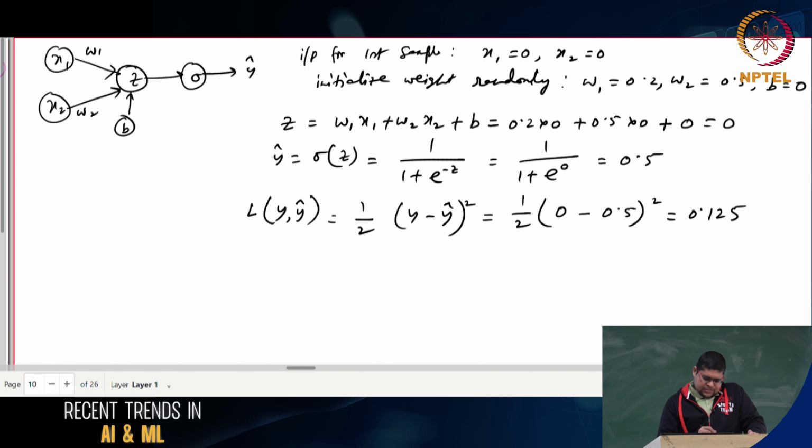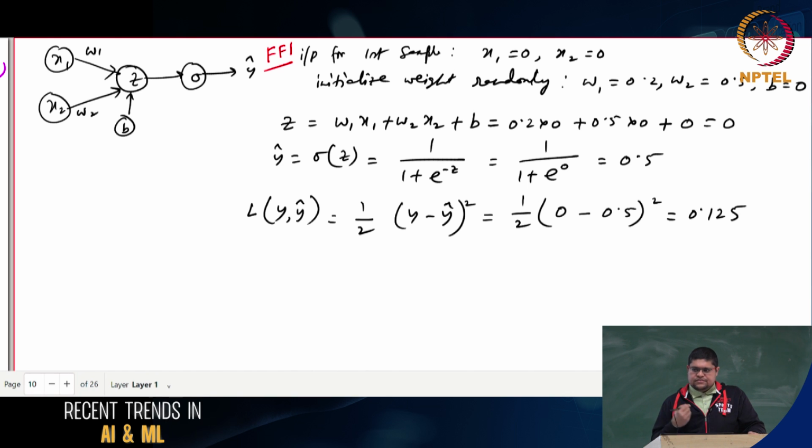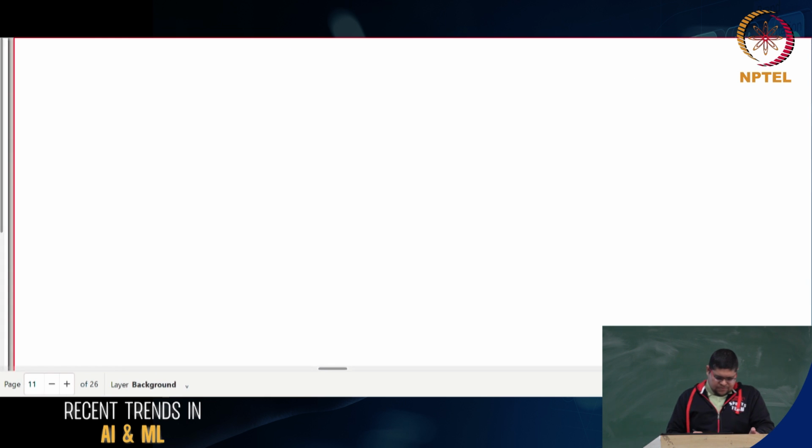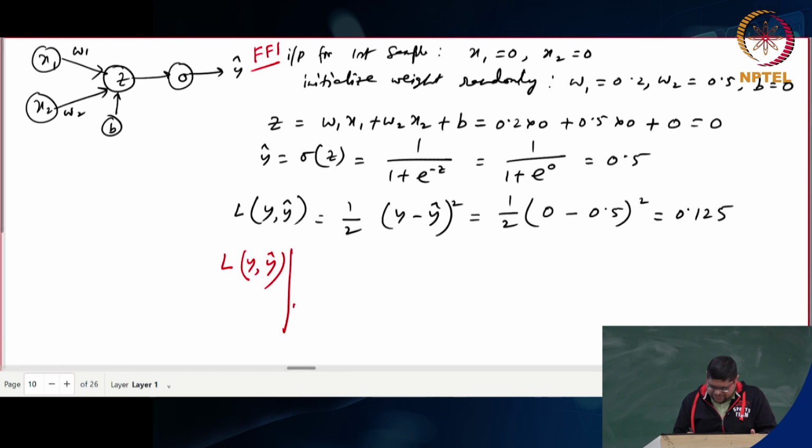Now this is feed forward, number 1 stage. Now what we will do? We will back propagate. So this one I am writing, this L of y hat with respect to, I have taken W1 equal to 0.2, W2 I have taken 0.5 and B I have taken 0.